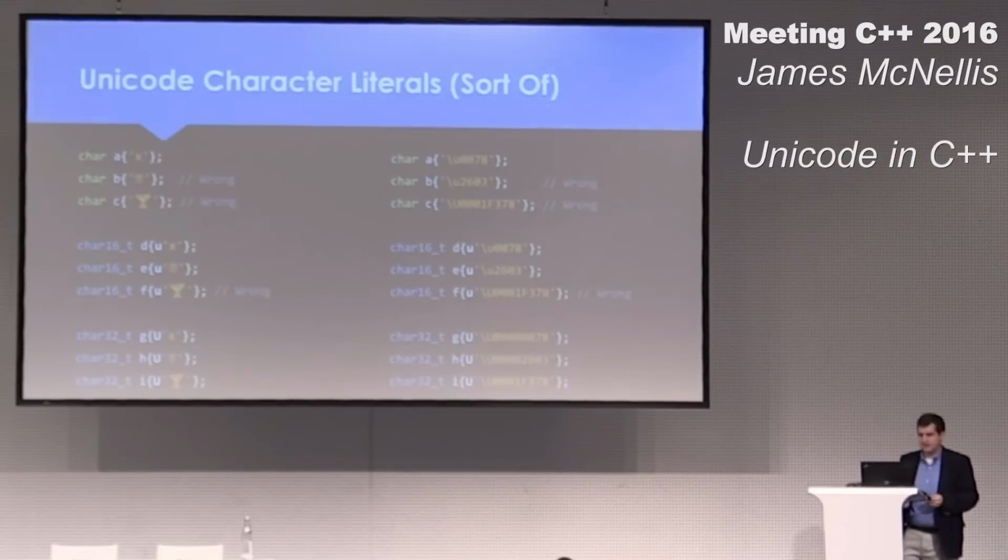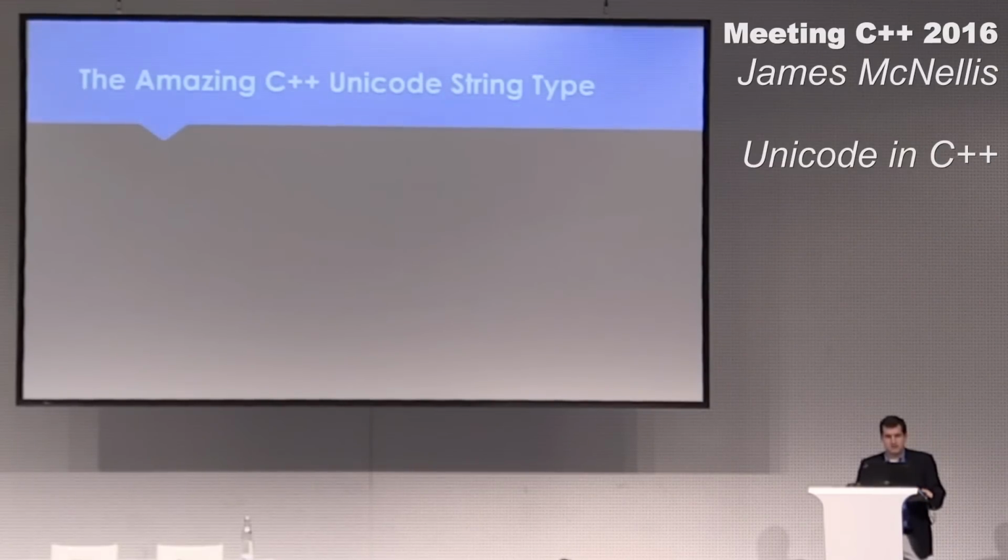But for char16_t, the martini glass will require two code units, two char16_t elements, because it's not representable in 16 bits. And so the compiler will give you an error for that. And similarly for char, if we want to do UTF-8 encoded text, you're basically limited to the ASCII character set for these.